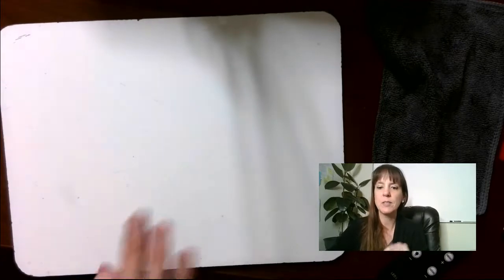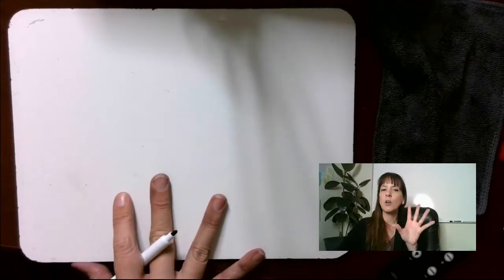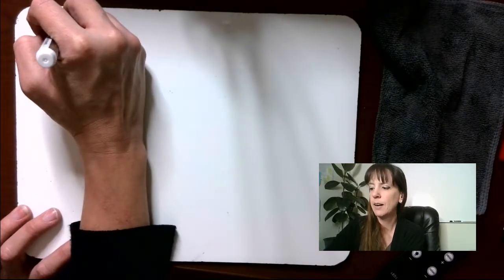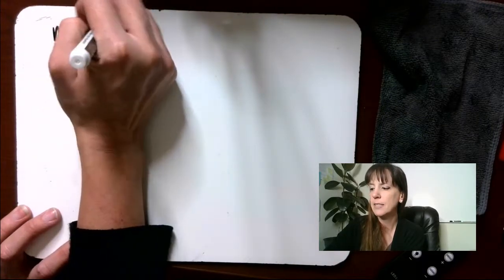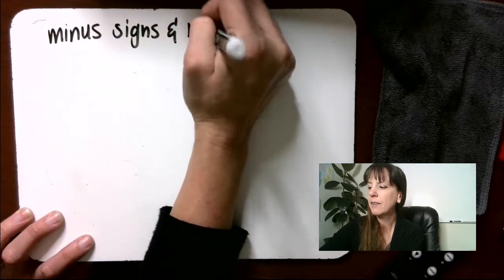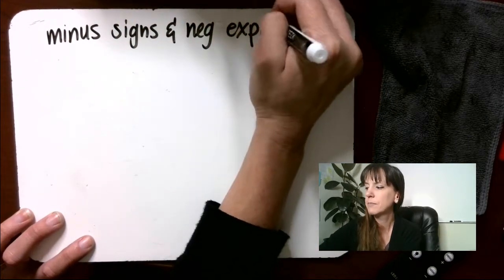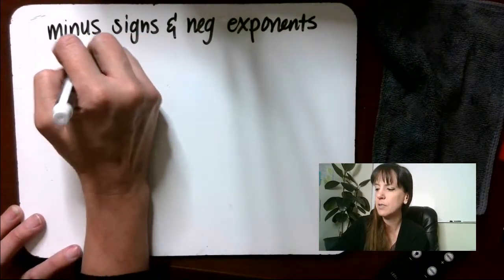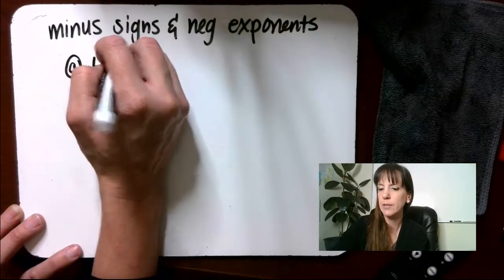Guys, if you aren't already taking notes, you need to be doing that for this because this one is gonna be minus signs and negative exponents. There are some rules here, so we're gonna show you some examples. So for A, we have 4 squared.